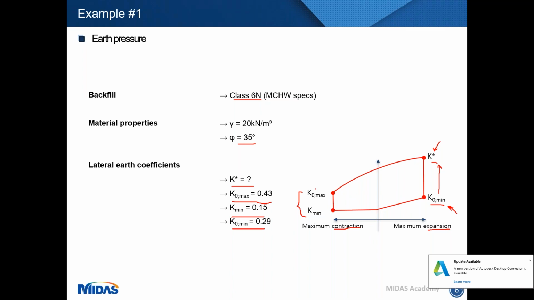If we check the contraction case, we will find out that the worst case scenario is when we have K0 max applied. So we really need to check the envelope of these different values when assessing the earth pressures.